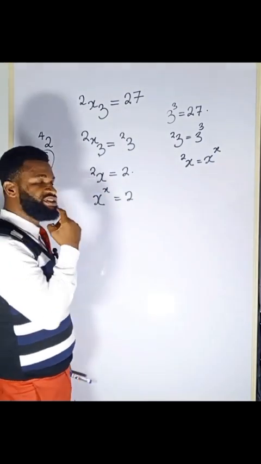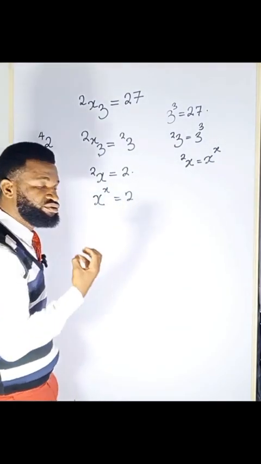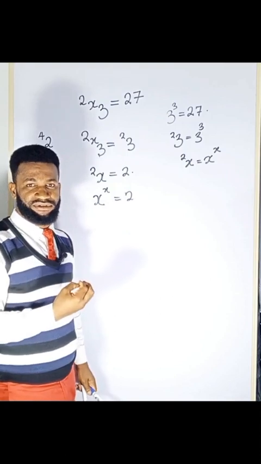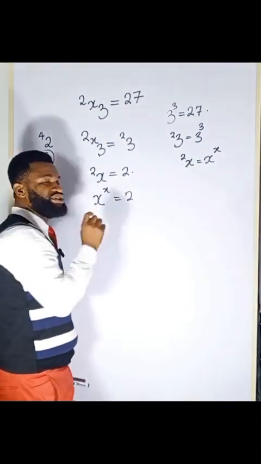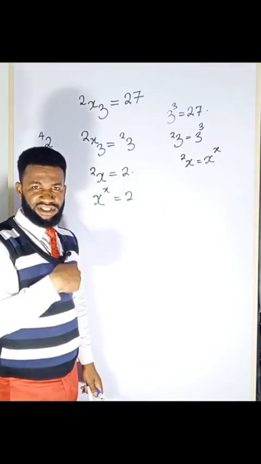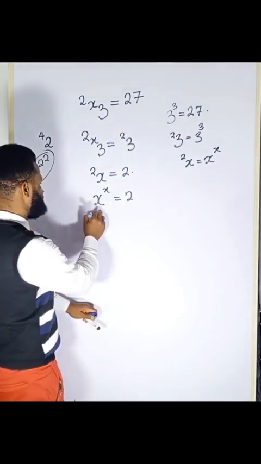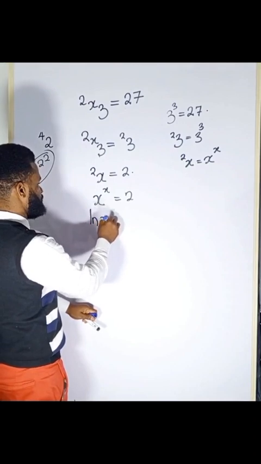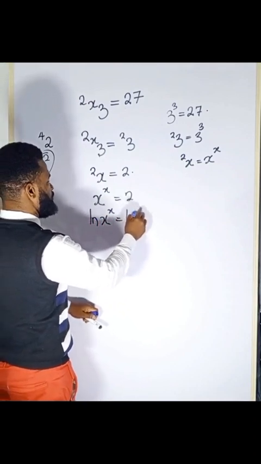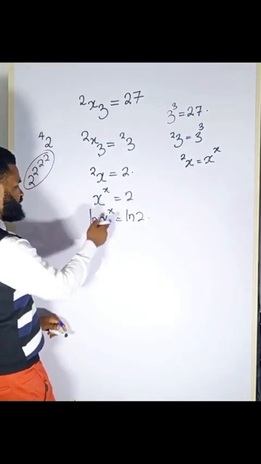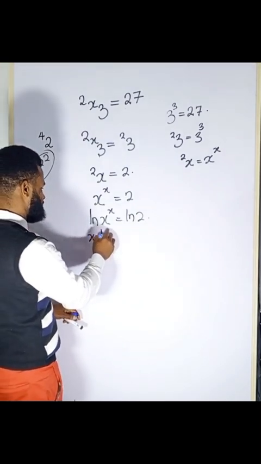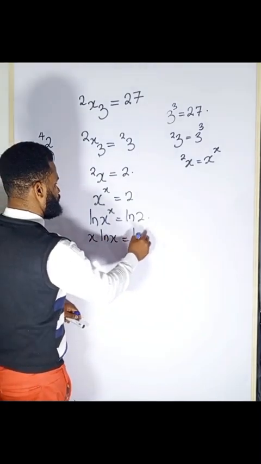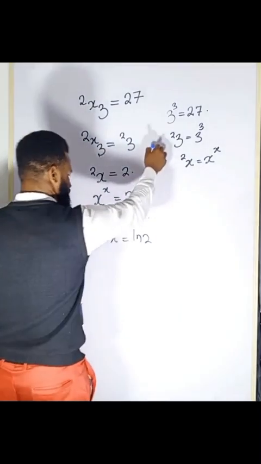Okay, at this point, the next thing I'm going to do is to introduce natural logarithms of both sides in order to bring this x, which is on top, which is the power, down.